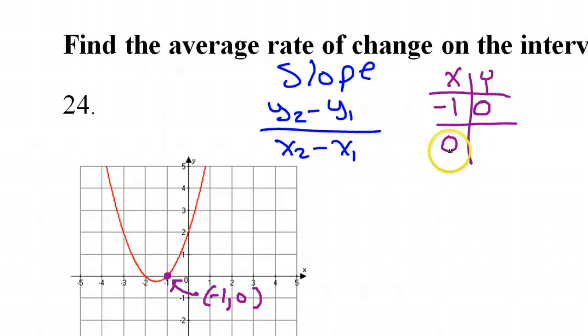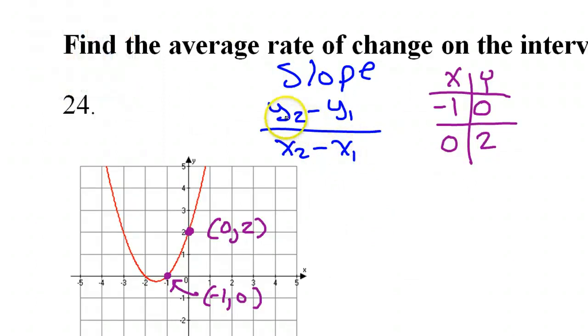Let's go to an x value of 0 and look around. At an x value of 0, we have to go up to get to the graph. So this is the point 0 comma 2. So these are the 2 points that we will use for the slope formula.